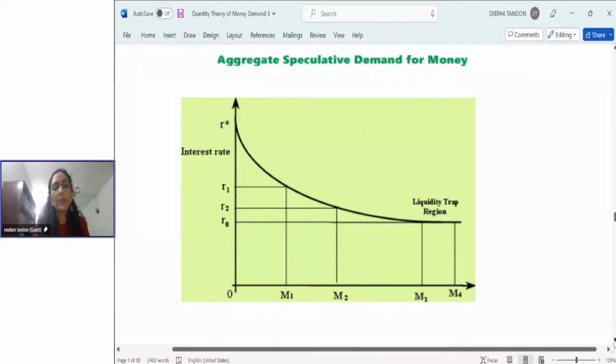This was the concept given by Keynes as liquidity trap, which was very evident in the case of the 2008 financial crisis, which happened in the US. People were not investing despite interest rates going down and down because they had lost all trust. So this is the liquidity trap concept.